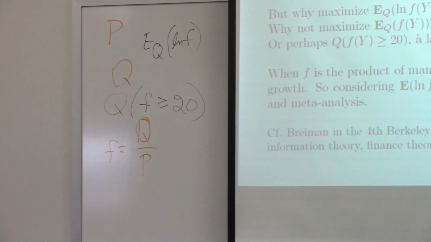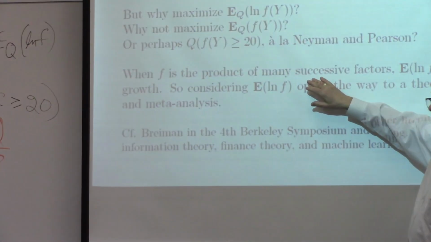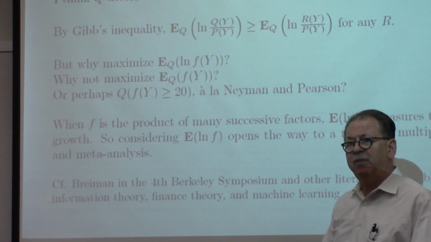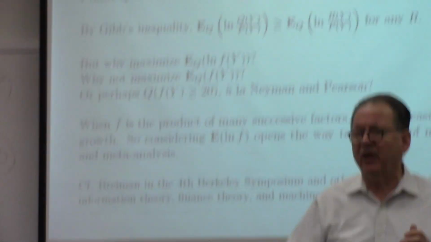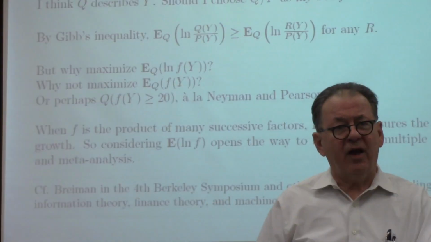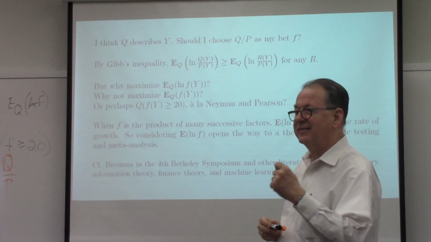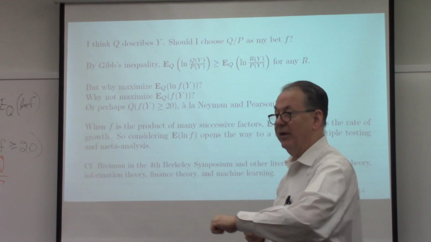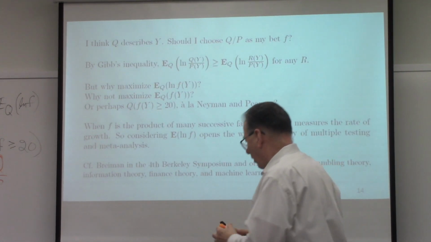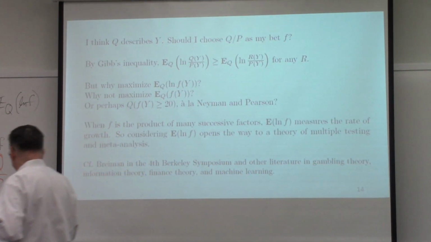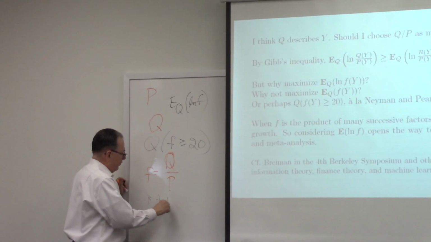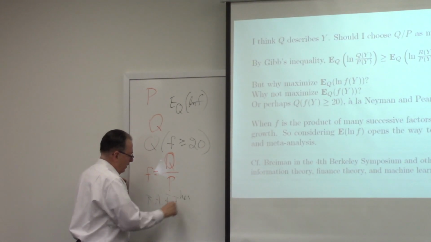The reason I would want to do that is because with this test I'm doing science. I'm not doing acceptance sampling. There was a big argument, not about my way of betting, but between R.A. Fisher and Neyman.